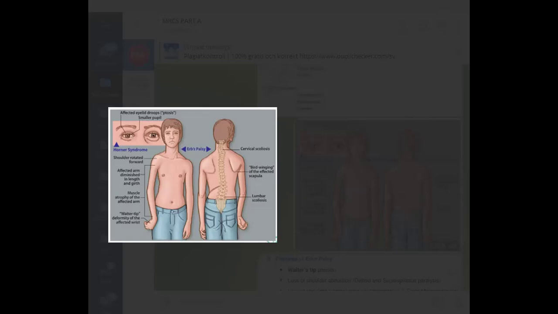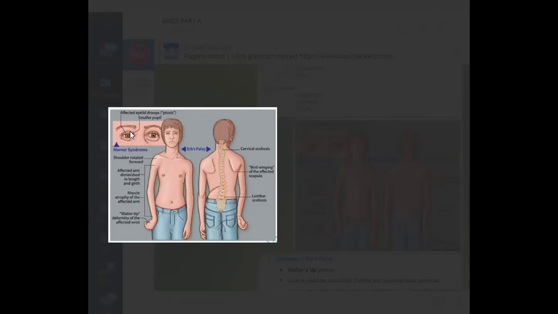This can happen with cephalopelvic disproportion, forceps delivery, vacuum extraction, head-first delivery, or breech delivery when you are not prepared, or with forceful arm pulling. All of these conditions can lead to Erb's paralysis.